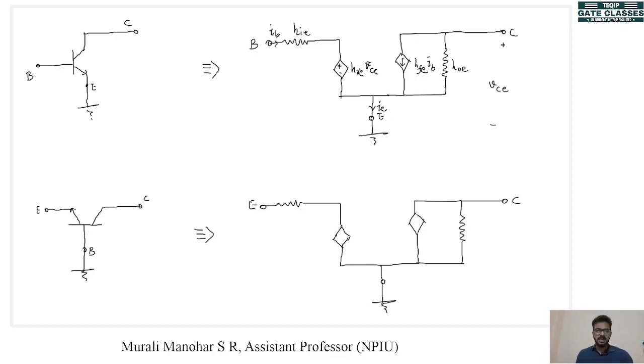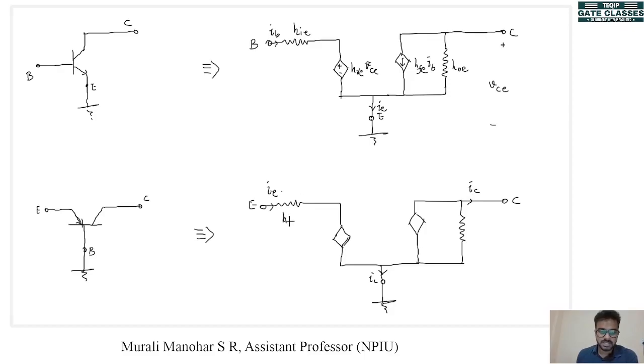Let's say for a change we are going to use PNP transistor here. Okay, so the symbol will be like this. You'll know why I'm doing this. The current goes in. This is IE, and IB flows here, IC flows here.